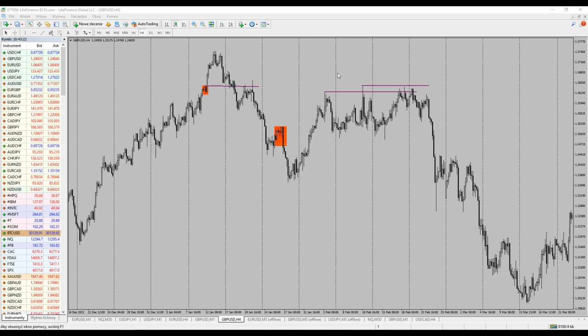Well, to be honest with you, most probably the first attempt to go short here would be stopped, all right, because of this spike. But with the close of this candle, right, there was another opportunity to join the party with a tight stop above. All right.